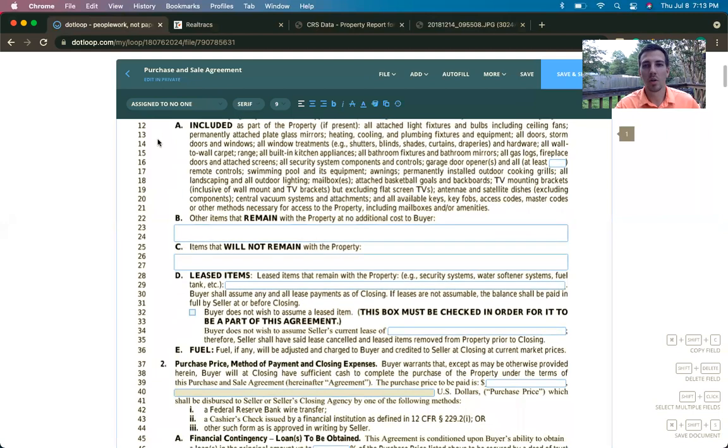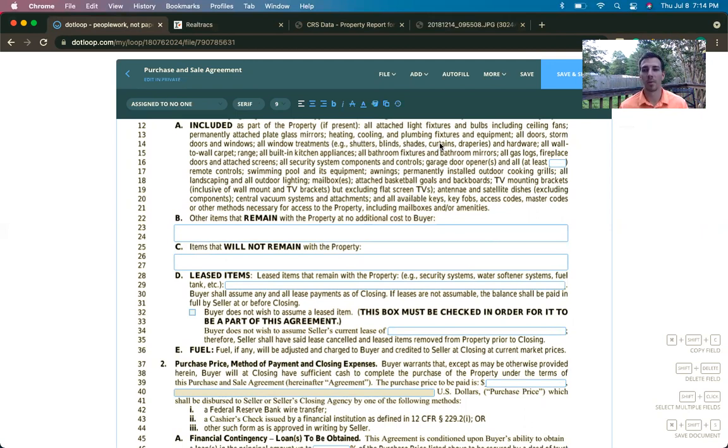Next section, what's included with the property. So pro tip, when you go on a listing appointment, I actually go through this section with the sellers, with the homeowners. I want them to know exactly what is included when they sell their home. Shutters, blinds, shades, and curtains are included in the sale by default.